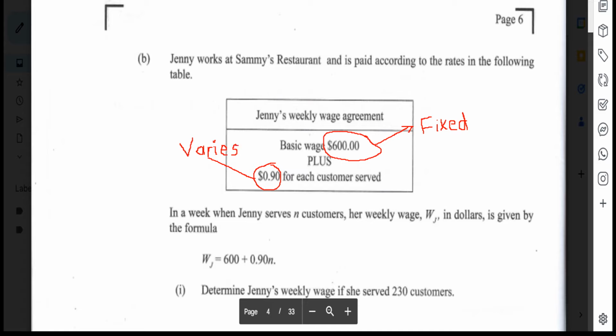This question here is an application of the topic in algebra called substitution.